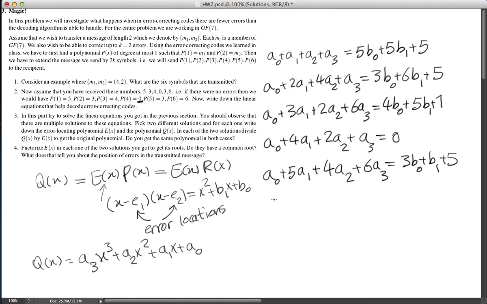And then for the last point, we get a0 plus 6a1 plus a2 plus 6a3. This is equal to 6 times b0 plus b1 plus 6. Okay, so far so good. Now we just have to solve this system of linear equations.